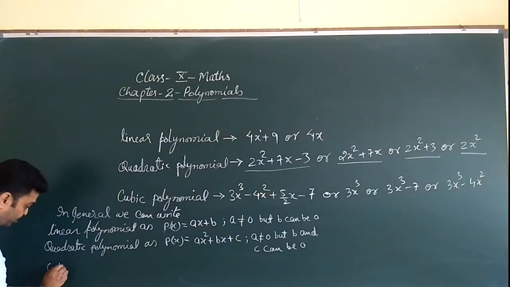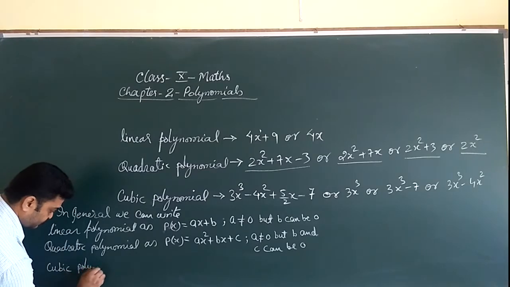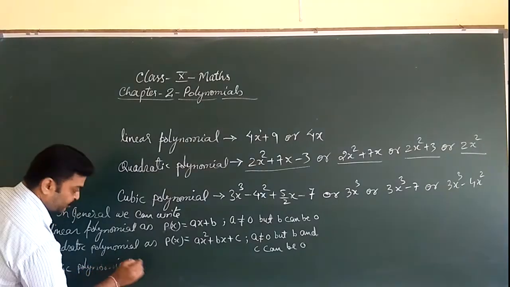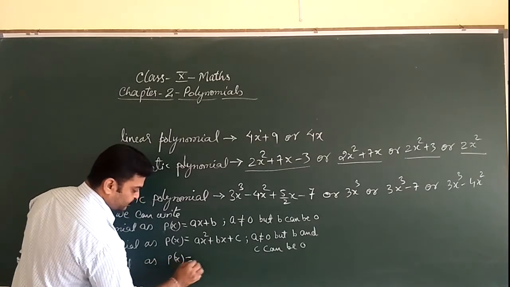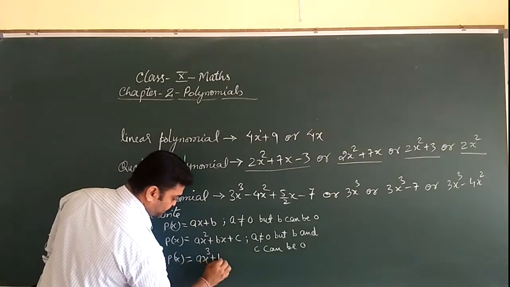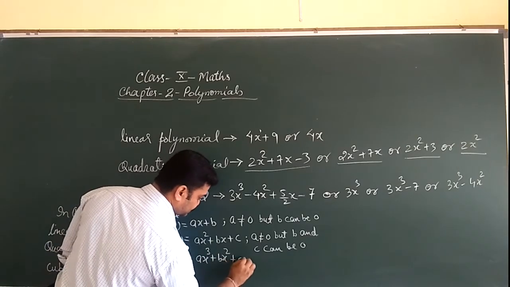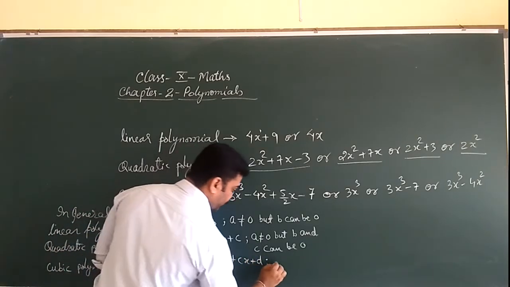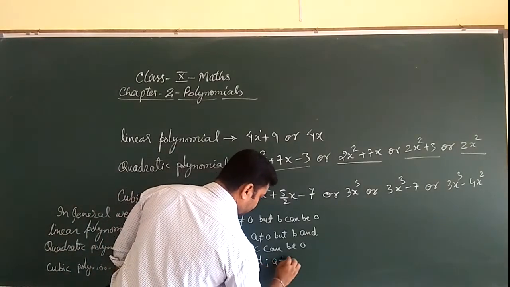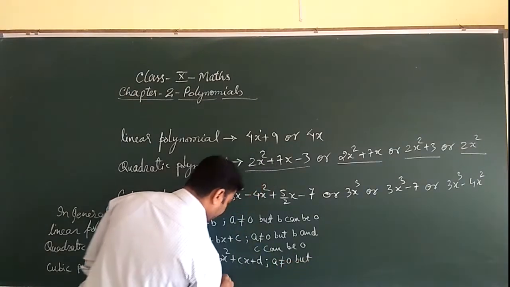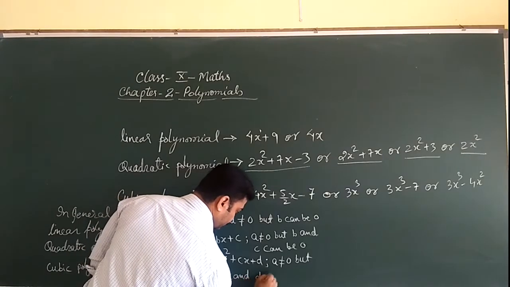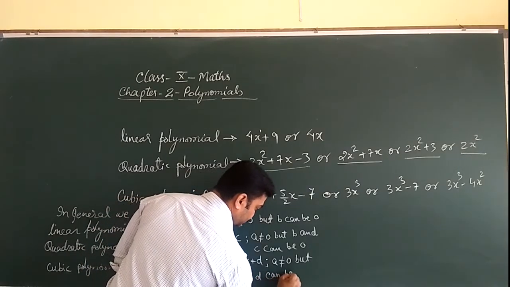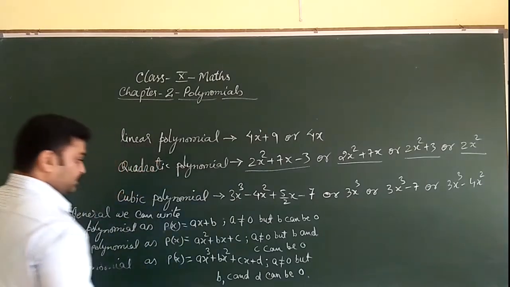In a cubic polynomial, p(x) is equal to ax cube plus bx square plus cx plus d, where a is not equal to 0, but b, c and d can be 0.